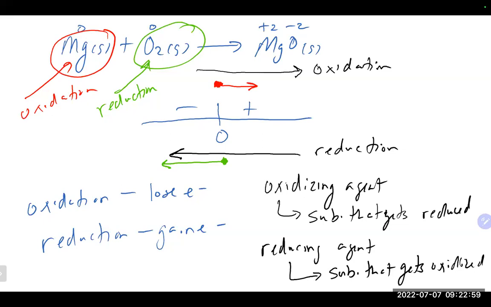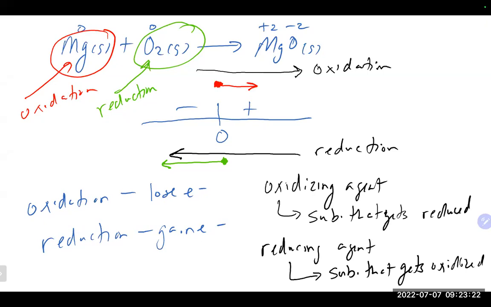So when you're talking about the agents, it is really the opposite of the name. The oxidizing agent is the guy that gets reduced. The reason for that is in order for it to be reduced itself, it has to gain electrons, which means it has to cause somebody else to lose their electrons. So it's causing the oxidation in the other substance, and vice versa.